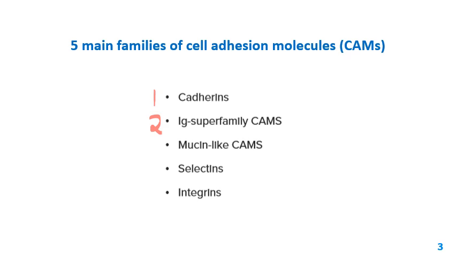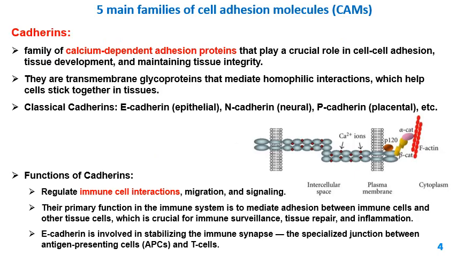So the immunoglobulin superfamily is another family. Then you have the mucin-like CAMs, then the selectins, and then the integrins. So, 5 families of these sticky molecules. All right, those are new slides that I put here just to clarify what those families are.